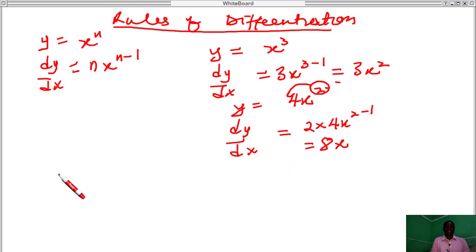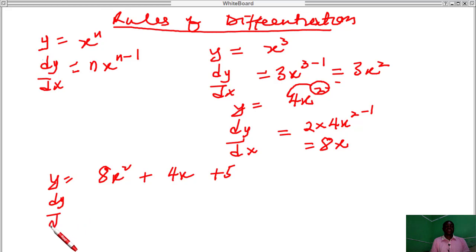So let's take a bit more difficult one. y is equal to 8x squared plus 4x plus 5. So our dy/dx, we do term by term. Here the power is 2, so 2 times 8x squared minus 1.